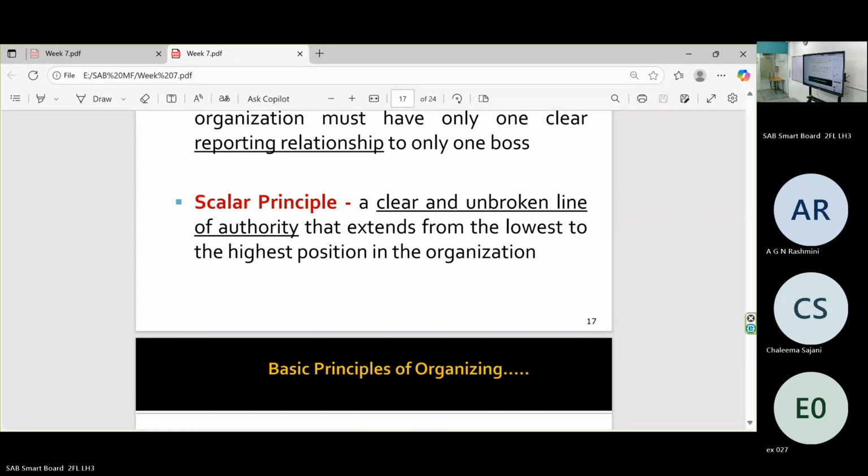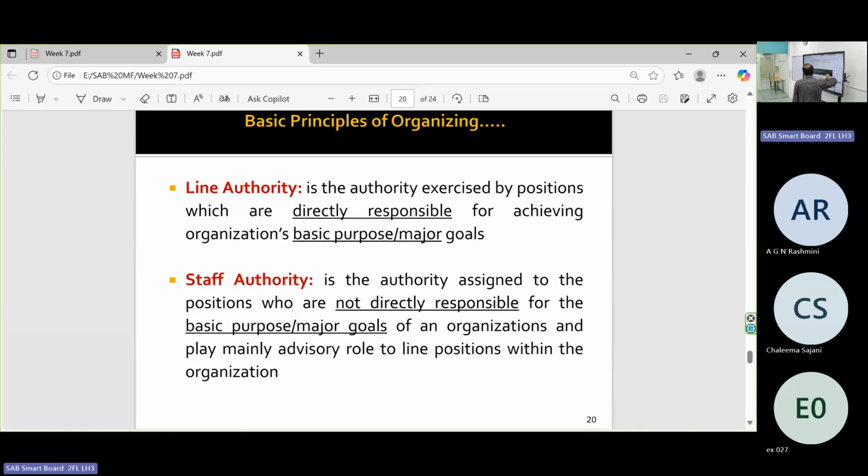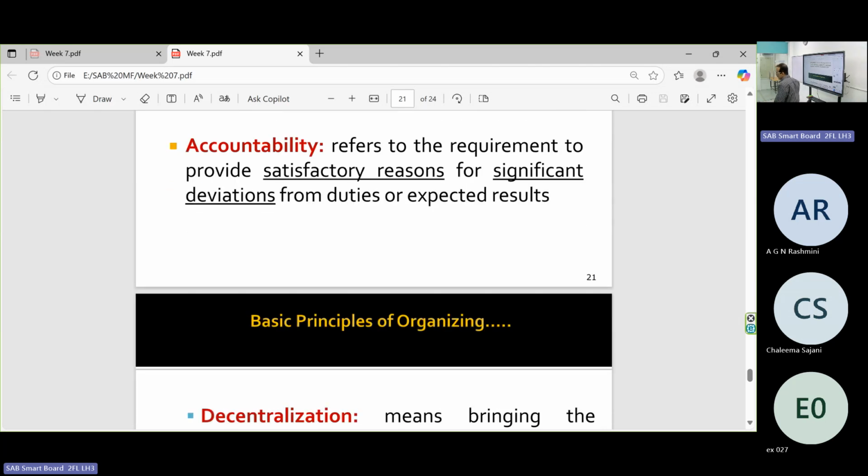We also discussed key principles of organization towards worker empowerment, and some sub-concepts like authority, staff authority, delegation, decentralization, centralization, and different job design techniques: job simplification, job rotation, job enlargement, job enrichment.